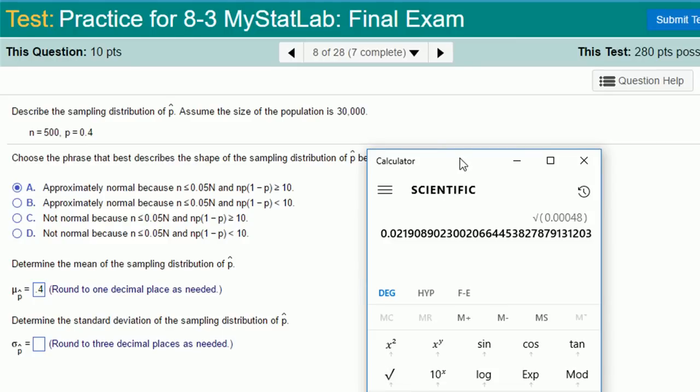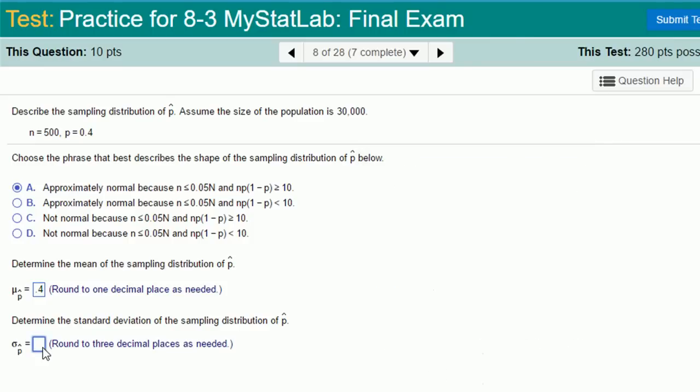And that is it. So you can see 0.0219. I'm going to round it up to 0.022.